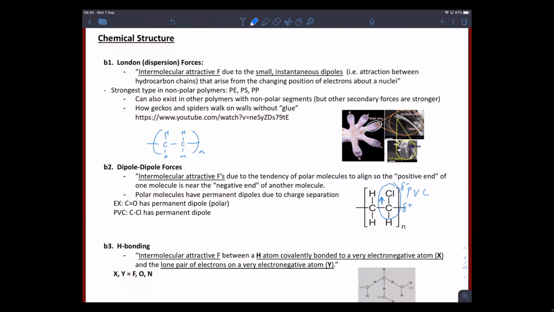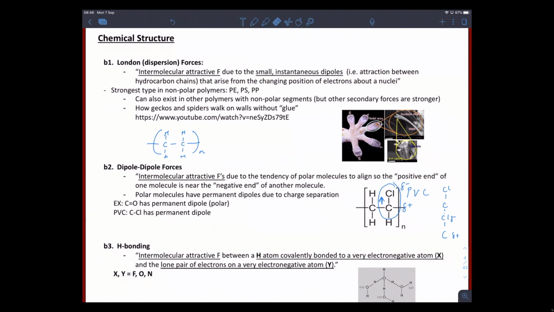And that causes a permanent dipole to form, which means that, almost like magnets, you can get a stacking up between those different species. I've drawn that very badly.